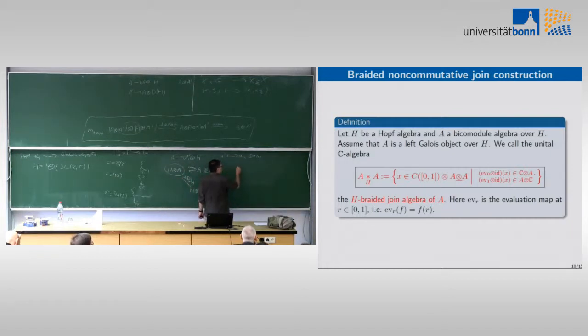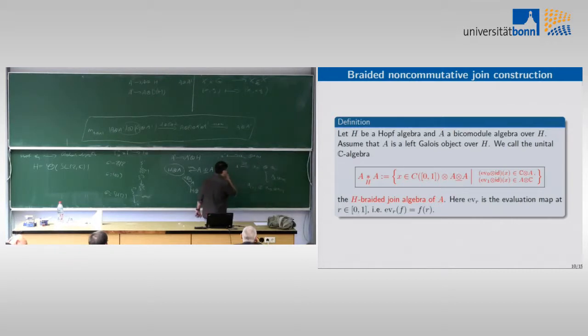So this means that if I first go from A to A0 tensor A1 by the right coaction, and now I want to go down by taking the left coaction tensor identity, then I apply the same thing as if I went the other way around.